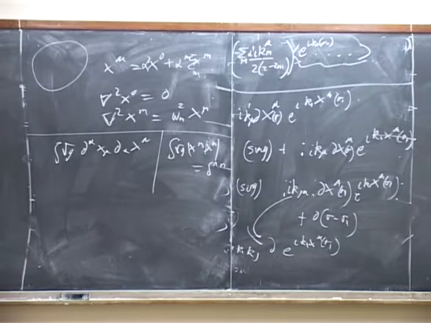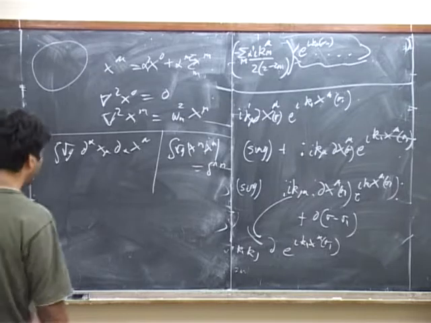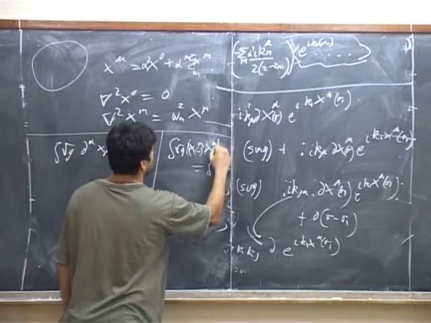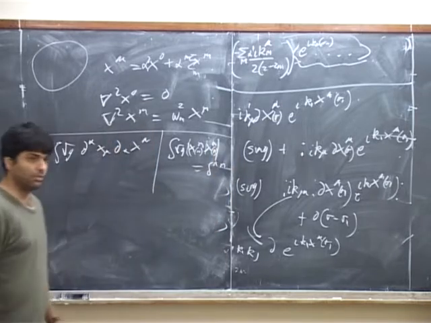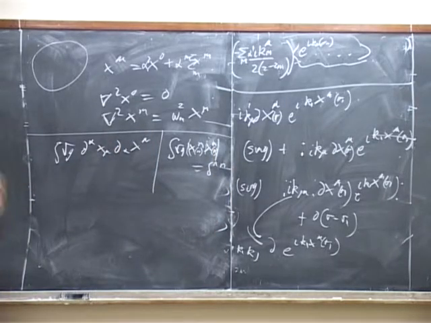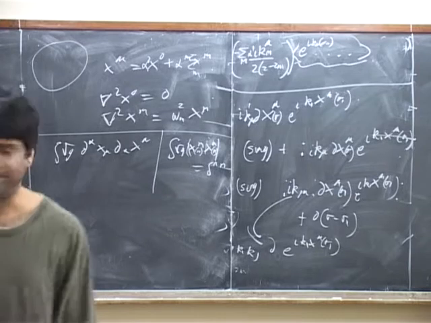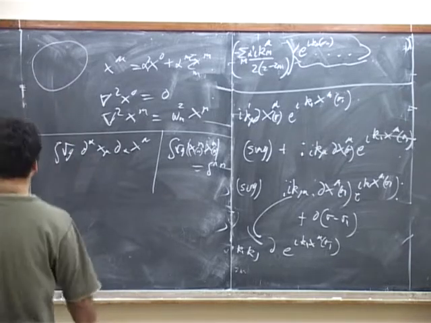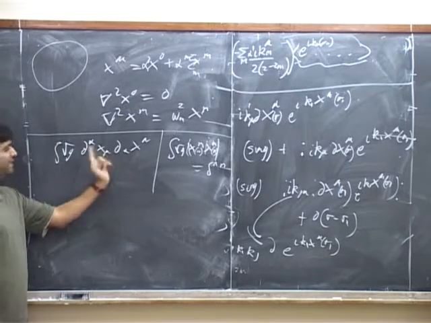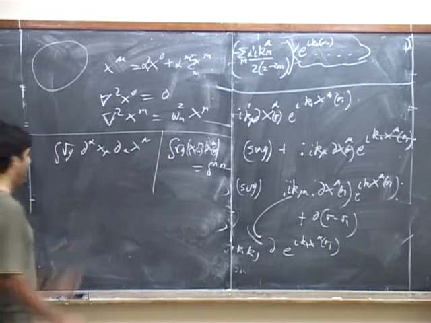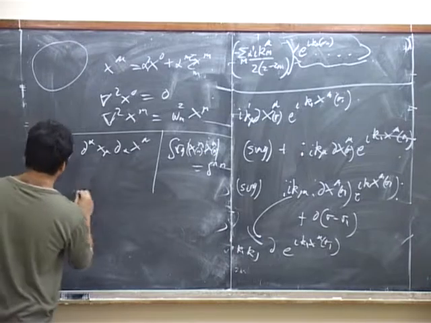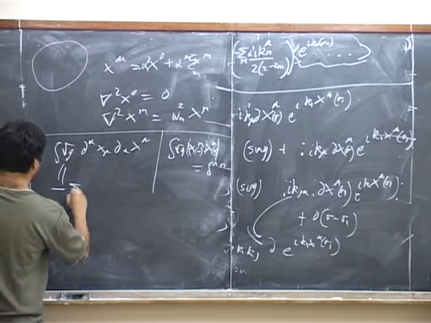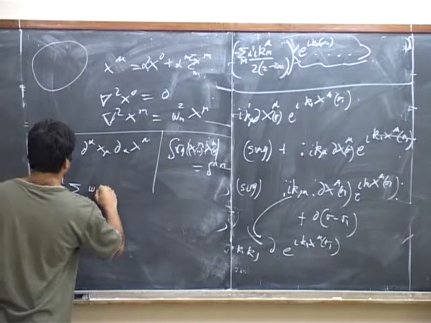Without any omega. It's just the norm of the eigenfunction that should be normalized. Okay? So now, once you do this, you take this, integrate by parts, make this a del squared. And you see, of course, that this thing is equal to minus the sum over m, omega m squared.